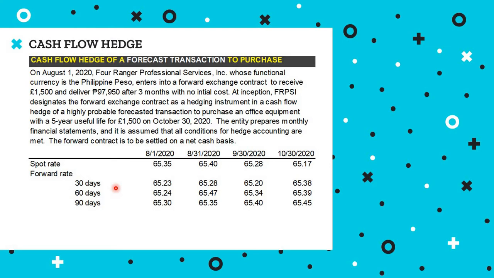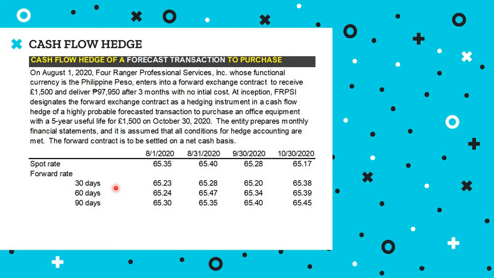Pero yung inflow natin, yung marireceive natin na 1,500 British pounds, syempre, hindi yon fix. Ang fix doon is yung British pounds. Pero syempre, since ang functional currency natin ay Philippine peso and this should be recorded in Philippine peso, our functional currency, yung marireceive natin na Philippine peso value ng 1,500 pounds, which is the inflow, ay hindi fix. So nagfa-fluctuate yon. So yun yung imo-monitor natin mamaya.